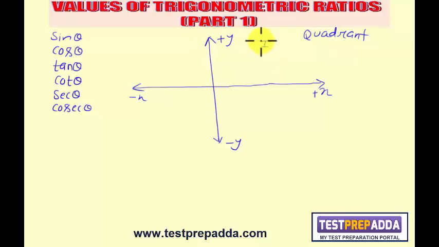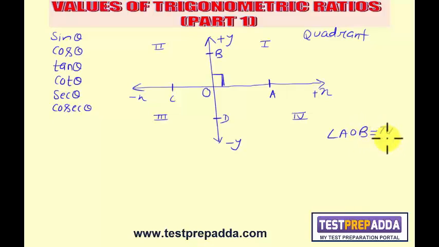This is our first quadrant, second quadrant, third quadrant, fourth quadrant. And as we know, this is a right angle triangle. If I consider this as O, this as A, B, C, D, then angle AOB is actually pi by 2 or 90 degrees.